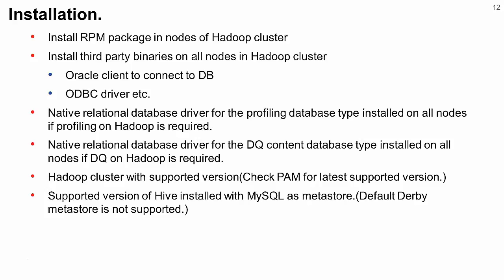So if you have native drivers, one of the reasons that you'd install the Oracle client is specifically for profiling, right? So if you've got a task that you're profiling data on the Hadoop cluster, you would need to install the Oracle client, or I'm just going to call it a native relational database driver, on the Hadoop cluster.